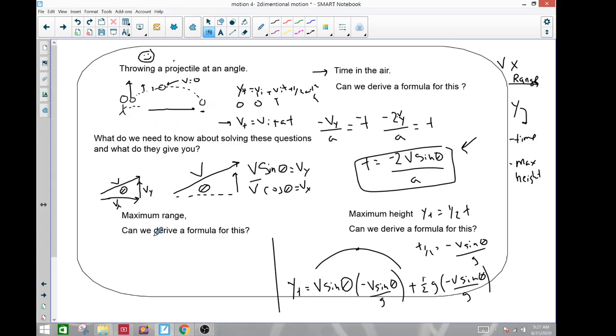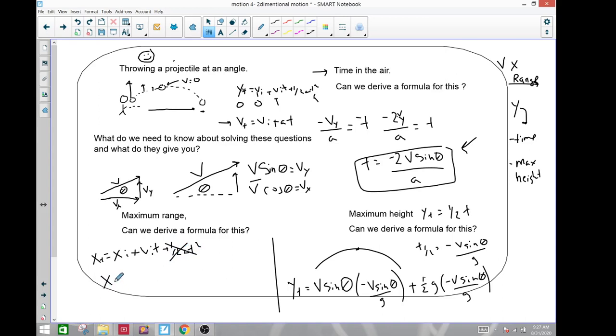So let's use the x component for max distance. x(t) equals x initial plus v initial t plus 1/2 a t squared. Now, in this situation, a couple of things you want to recognize, really important stuff. Gravity only acts in the y direction, so there's no acceleration in the x.